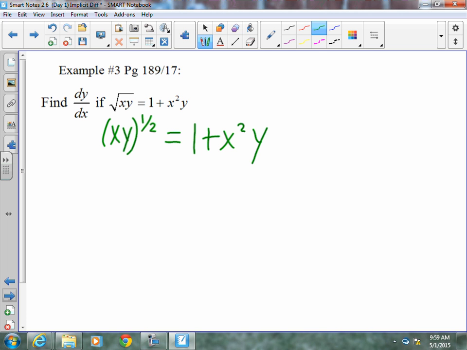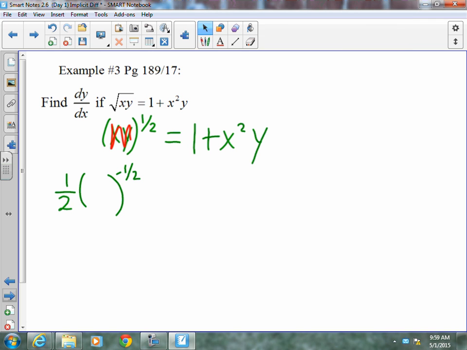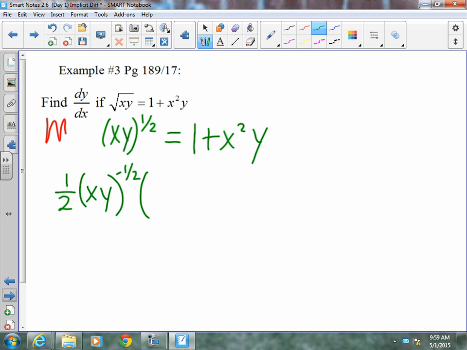So, the left side is going to need the chain rule. Derivative of something to the 1/2 is 1/2 that same thing to the negative 1/2. Well, that thing is xy. But now we need xy's derivative. X times y means we need the product rule.